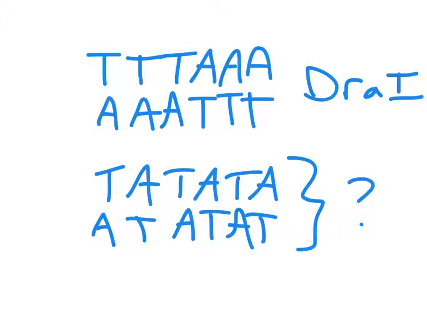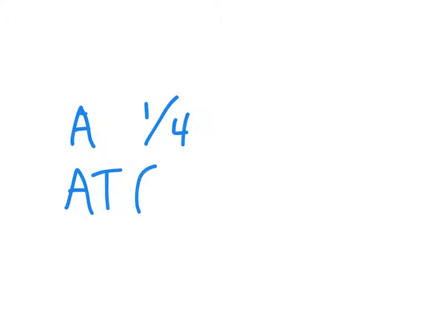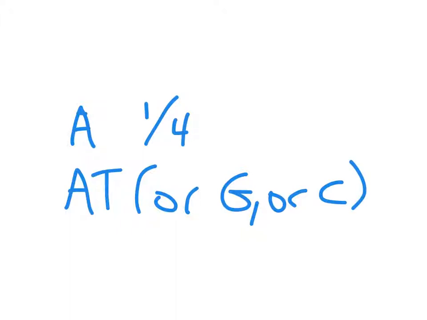Because if there's an A, that's 1 nucleotide in every 4. Every 4th nucleotide on average should be an A. The probability of finding an A next to a T is lower. Because what else could an A be next to? Or G or C. So it's a little bit rare to find an A next to a T because every time you see an A, it could also be next to a G or next to a C.